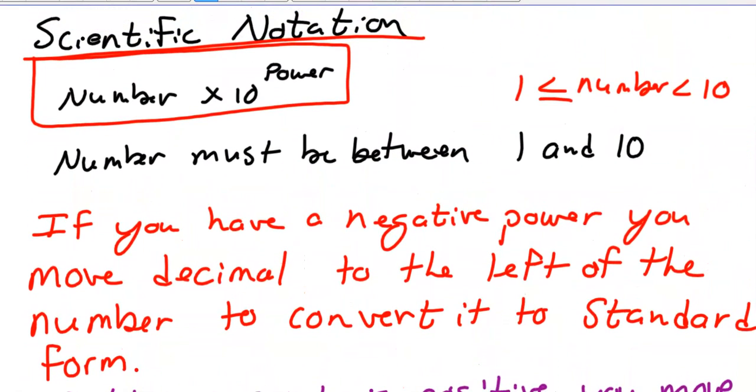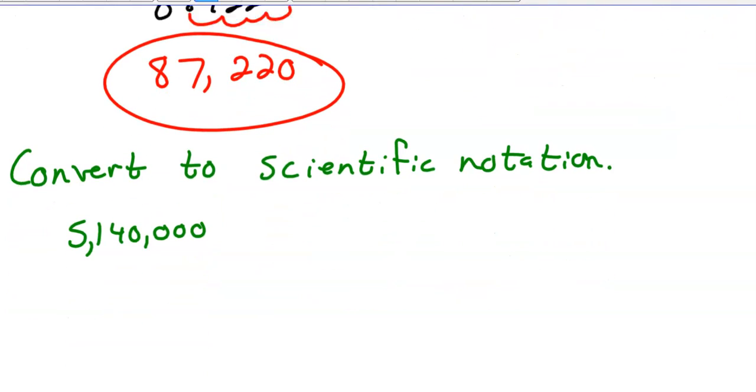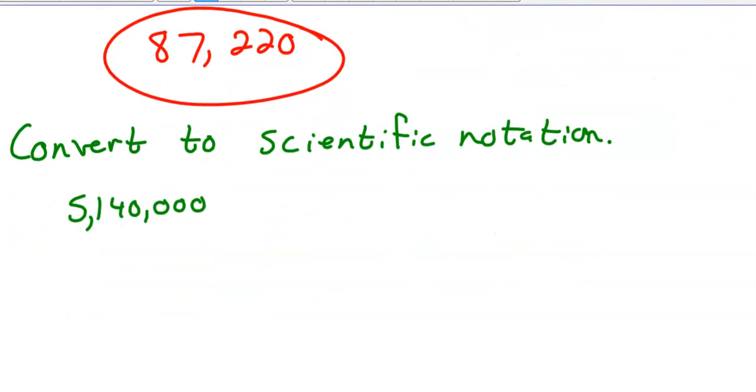The scientific notation part says you've got to have some number that's here, and that number has to be between 1 and 10. Which basically just means this, that whatever number they give to you, you're going to take the decimal and you're going to put it behind the first non-zero number. So you're going to make that 5.14, and then any other zeros behind it, we can just basically get rid of them because they're just extra numbers that's here.